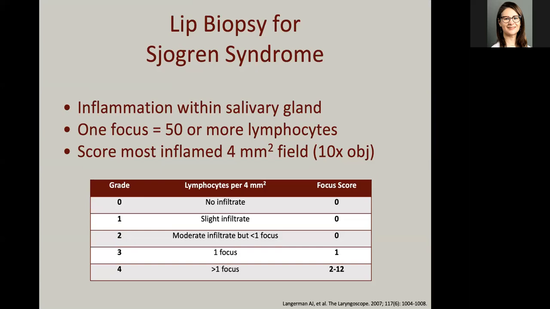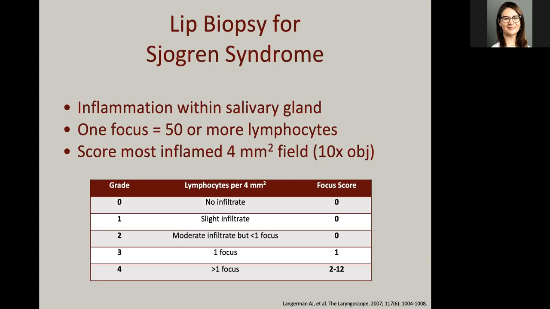But what we're looking for is essentially foci of inflammation within the salivary gland, a focus being essentially 50 or more lymphocytes. And we will score how many foci are really only in the most inflamed 4 millimeter squared field, which is a relatively small field, a 10x objective. So we're not scoring the entire tissue. We want to keep it consistent, right?